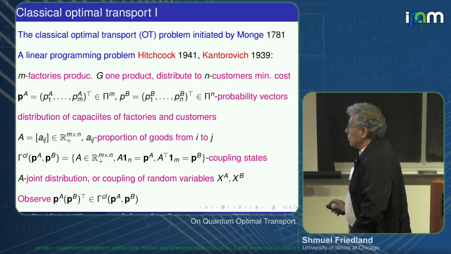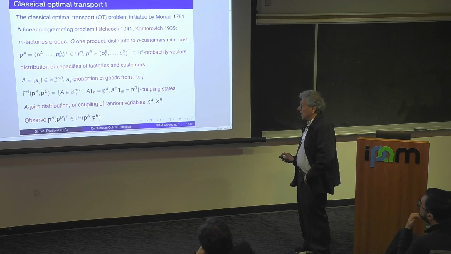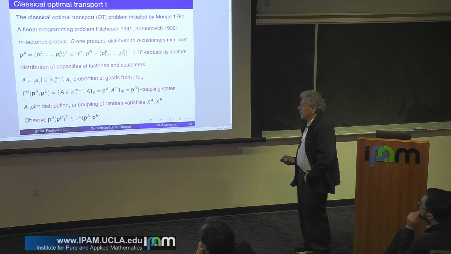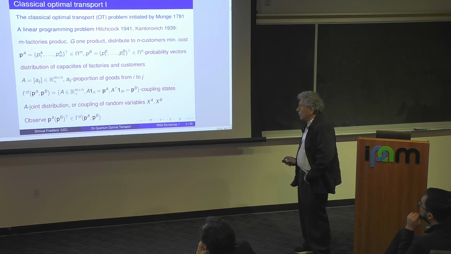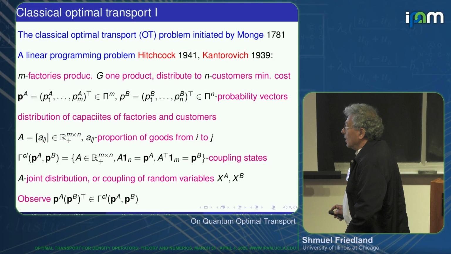And so this is the distribution of capacities of factories and customers. And A_ij would be the proportion of this product from factory A_i to the store number j, okay? So this is essentially A_ij, what we saw, a joint distribution or coupling of 2 random variables.